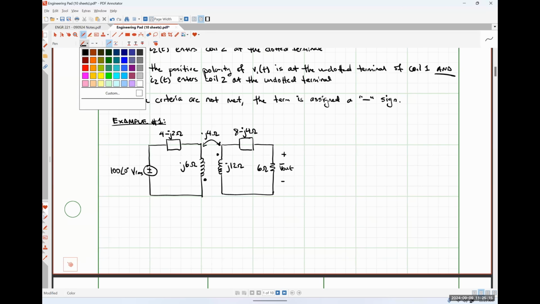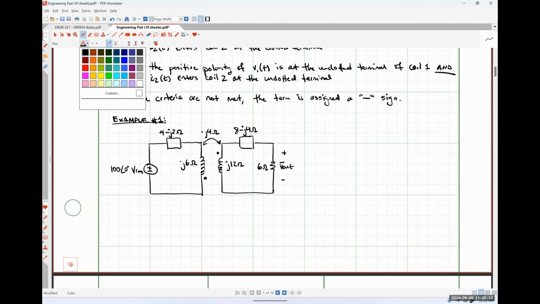Let's start by saying that our voltage V1 as a phasor is positive polarity on top, and let's make our phasor voltage V2 positive polarity on top as well.